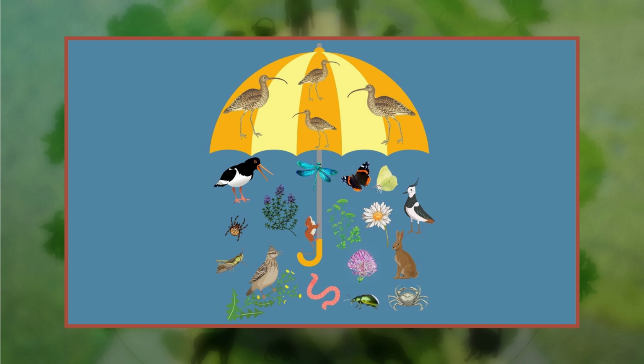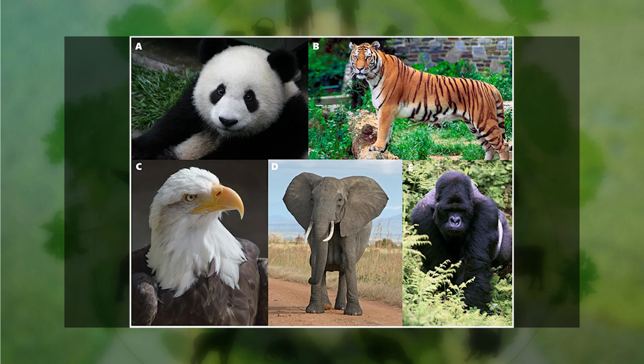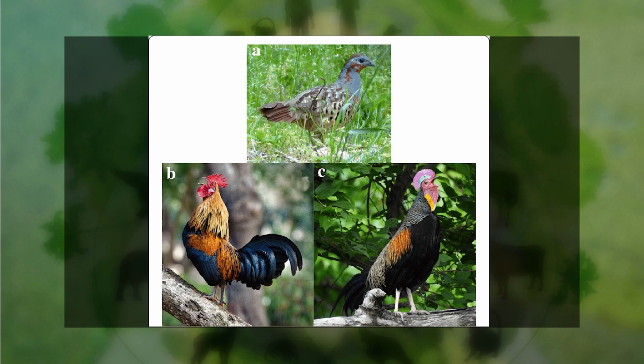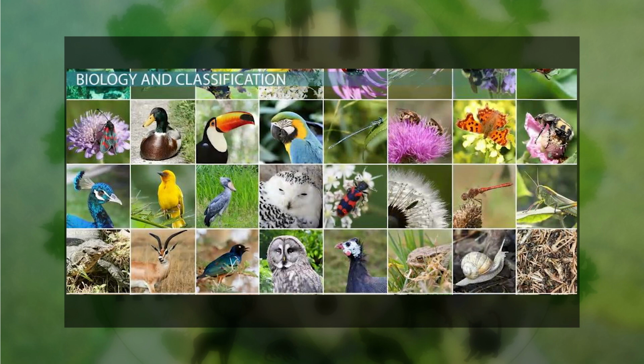Various types of surrogate species that are used for the purpose include umbrella species, flagship species, indicator species, focal species or groups of species selected on the basis of their taxonomical status, habitat, life history and other ecological functions.